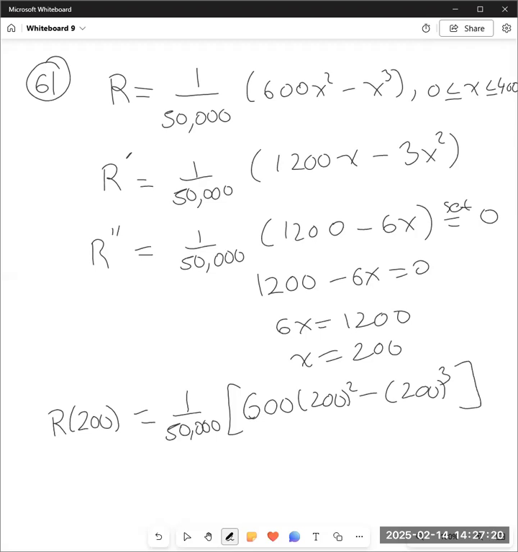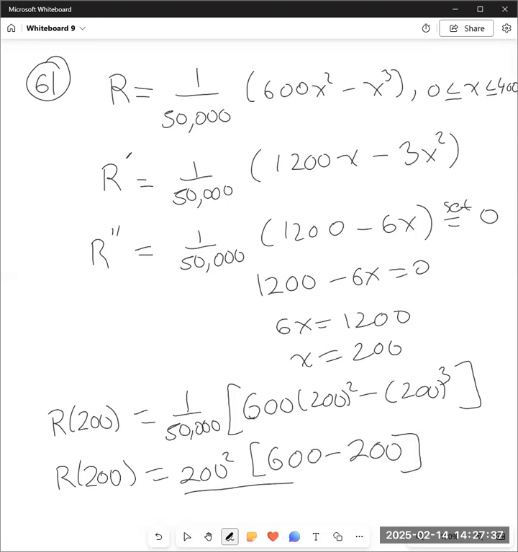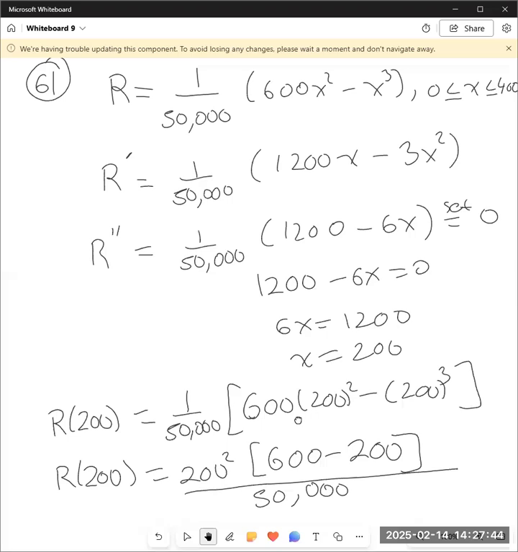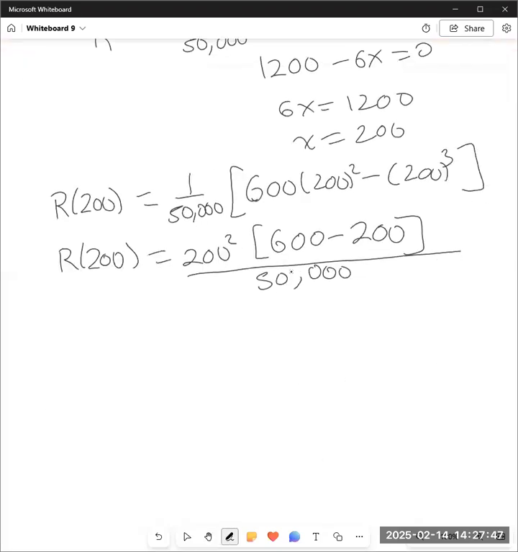I want to pull out that 200 squared. 50,000 divided by 200 is 250, and I still have a 200 up here and also a 400 here.